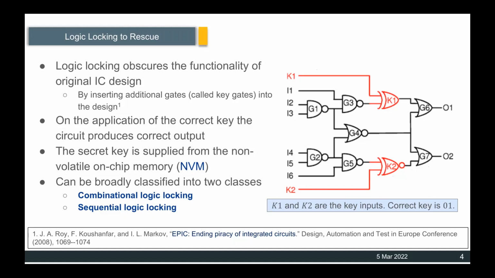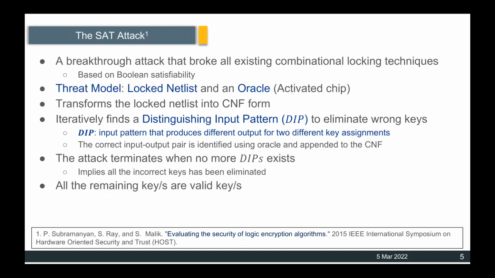Now there are different classes of logic locking techniques. The two important categories are combinational logic locking and sequential logic locking. However, there was a very interesting follow-up work in 2015 by the very talented Professor Subramanyan, who showed that this can be thwarted by what are called SAT attacks, or satisfiability attacks.